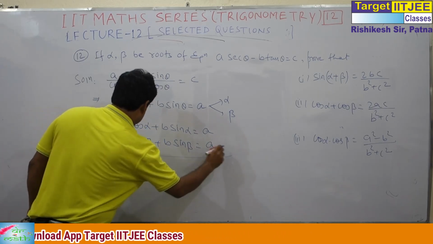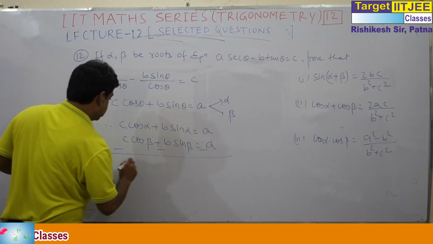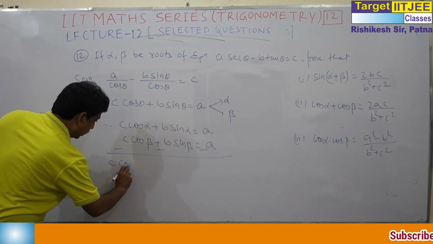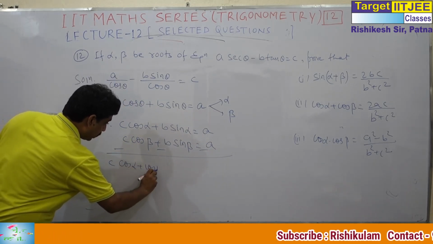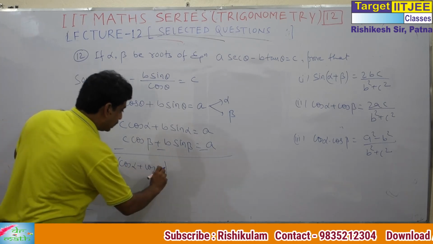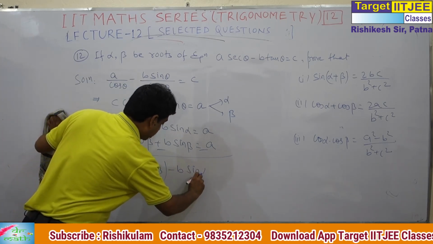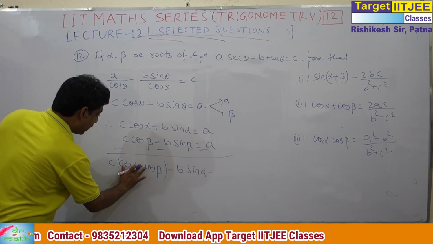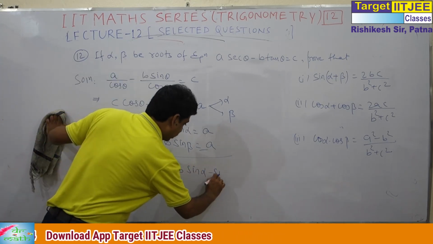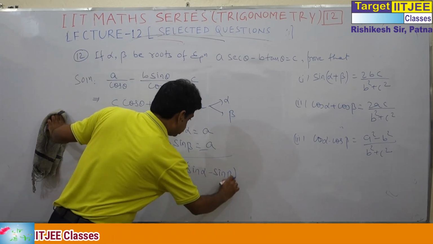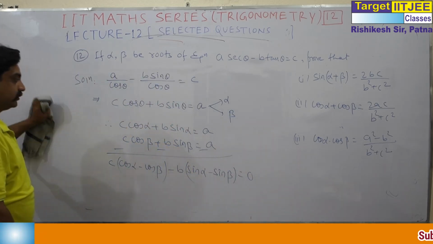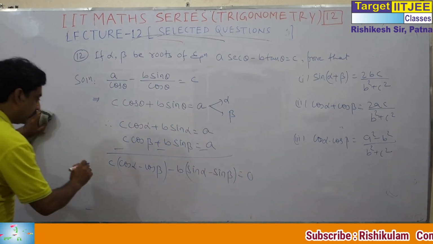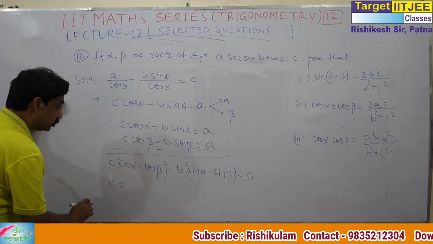We subtract these two together. This is c into cos alpha plus cos beta, and this is minus b into sin alpha minus sin beta, is equal to 0.